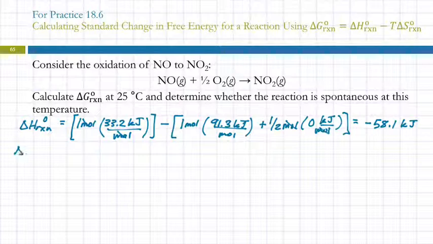So then delta S, the standard change in entropy. Same process, and those numbers in your textbook are in the same table, right? So we're looking at 1 mole of NO2, and the standard entropy for that is 240.1 joules per mole Kelvin.